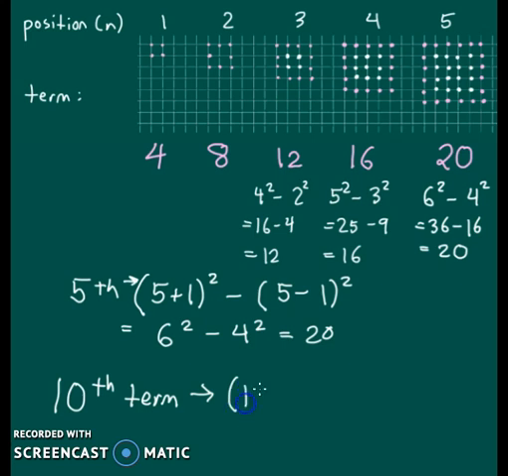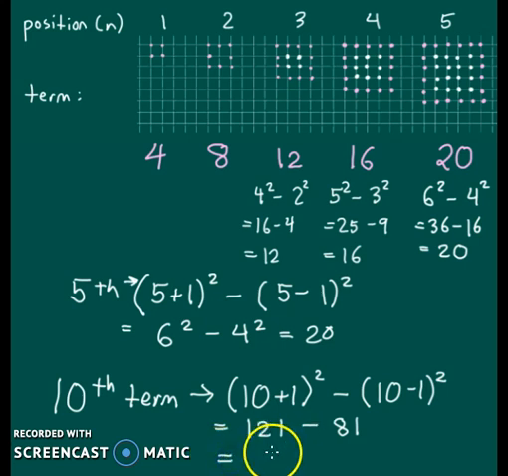So the larger square is going to be 10 plus 1 dots on each side. And then we're going to take out a smaller square that is made up of 10 minus 1 dots on each side. So what does that come to? 10 plus 1 is 11. 11 squared is 121. And what is 10 minus 1 squared? Well, 9 squared is 81. 121 minus 81 is 40.